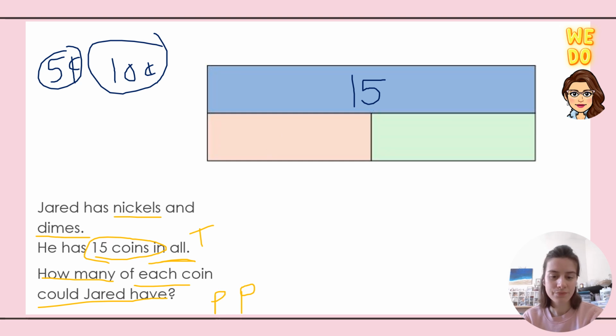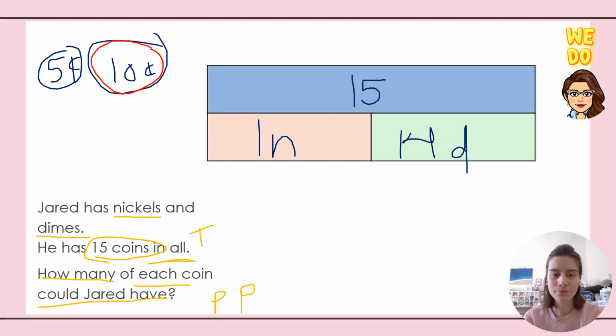I'll go ahead and draw. For 5 cents for the nickel, it's going to be dark blue. For 10 cents, it's going to be red. Okay, so I could have 1 nickel. Wait, hold on. I'll just abbreviate. Okay, I could have 1 nickel, and I could have 14 dimes.